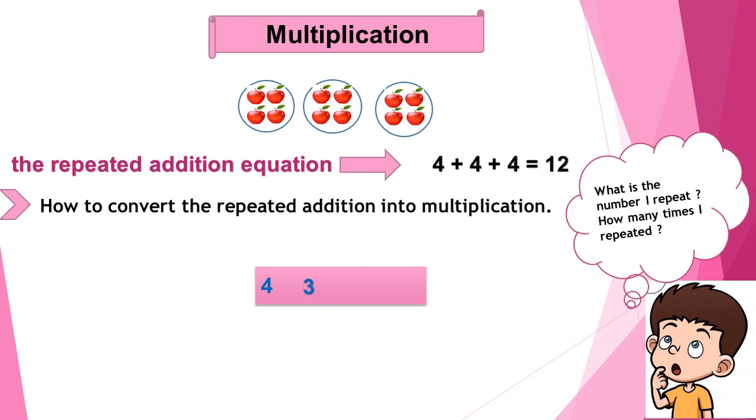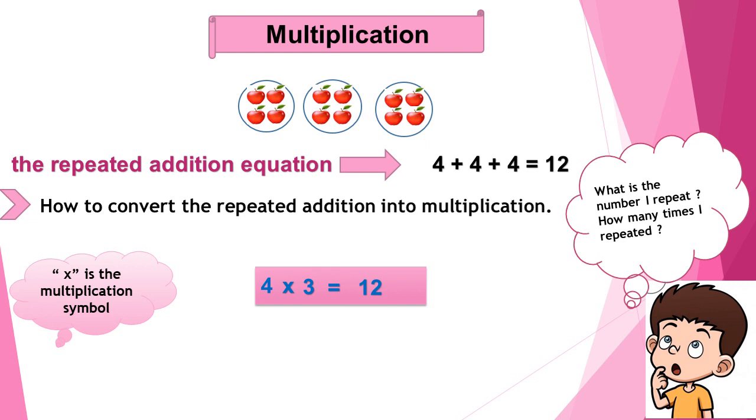Yes, 3 times. Then the multiplication equation is 4 times 3 equals 12. The X here is the multiplication symbol. Multiplication tells us how many times we need to add the number to get the total.